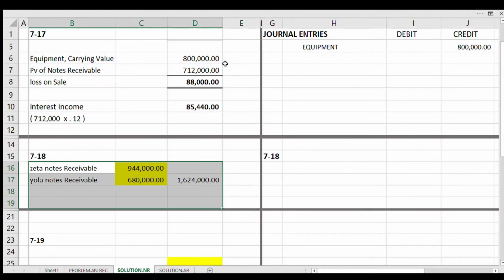And it goes like this. Zeta notes receivable 944 and Yola notes receivable is 680, no? 944,000 and 680,000. So how come we arrive at this amount, ano? So let us see.